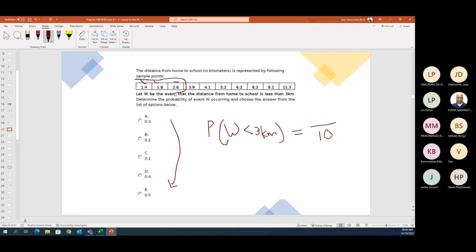There's only those 3. So only those 3 are less than 3 kilometers. So this one was an easy one. What's the probability? 3 out of 10, and that is 0.3.